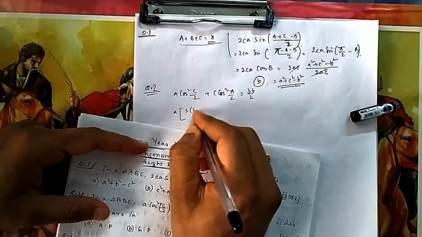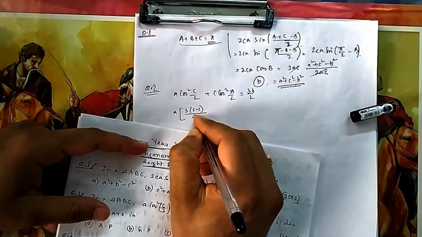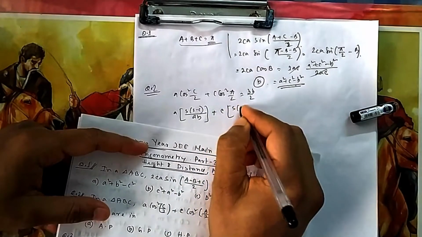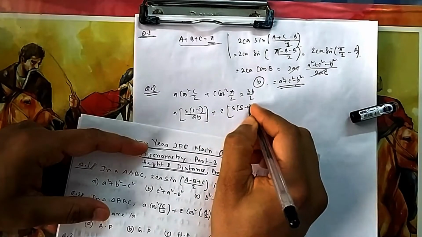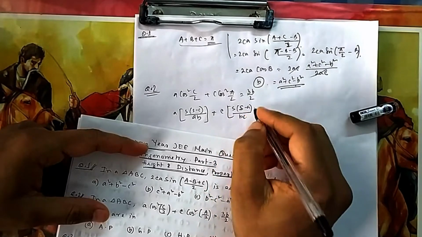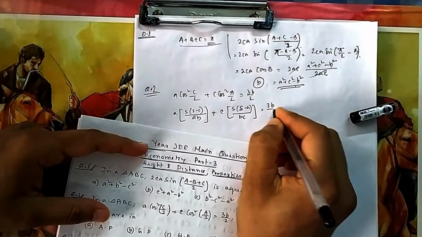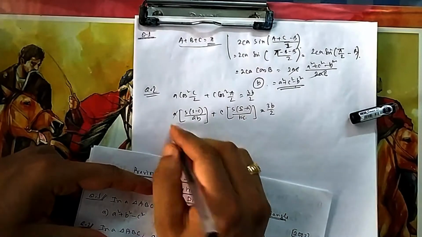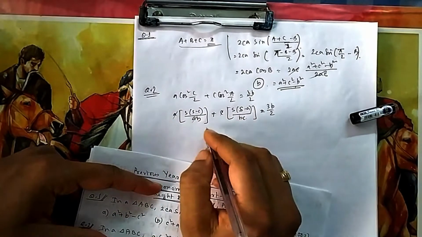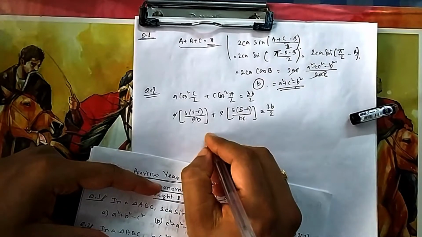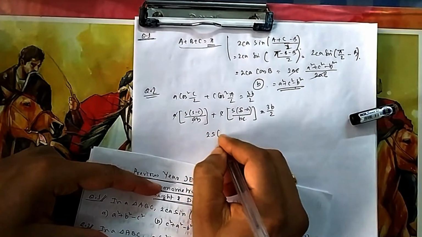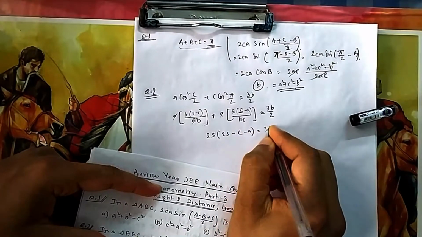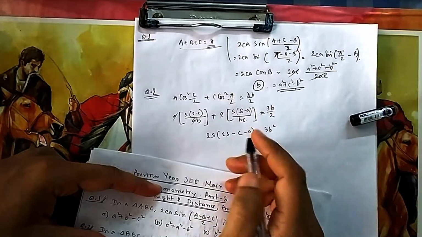Because it is C, it is S(S − C)/AB, and because it is A, it is S(S − A)/BC, which is equal to 3B/2. If you solve it, A gets cancelled, C gets cancelled, so B will be your LCM. Ultimately, writing it directly, it will be 2S − C − A equal to 3B²... if I take B that side, it will be 3B².